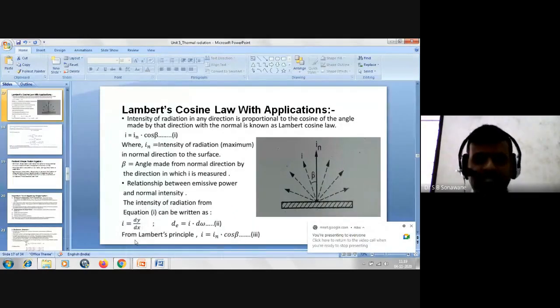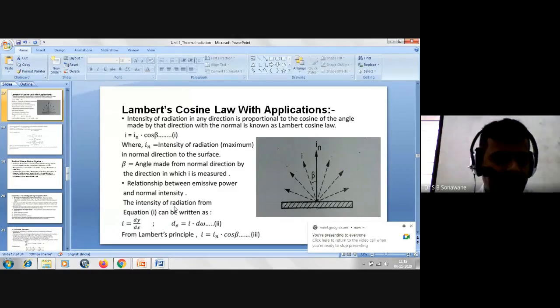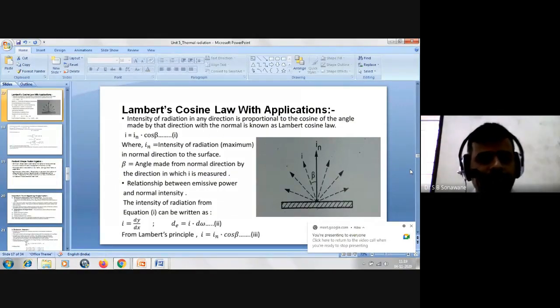We are continuing the radiation heat transfer part. In the last session, we studied the different properties of surface. We have also studied the laws of radiation, that is Stefan Boltzmann law, Kirchhoff's law, Wien's displacement law, and Planck's law.